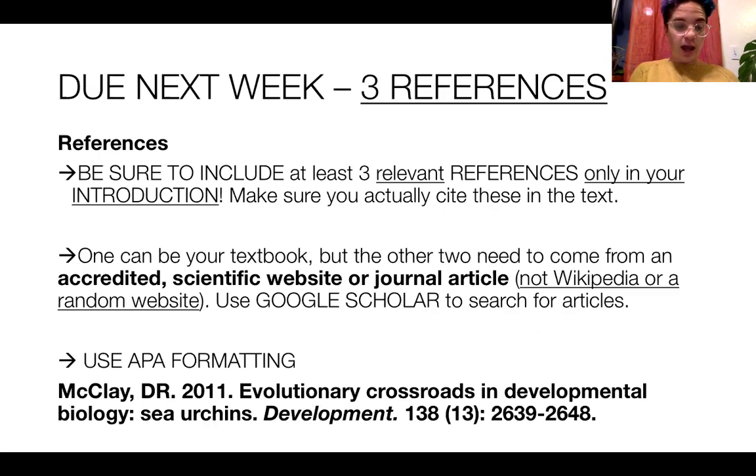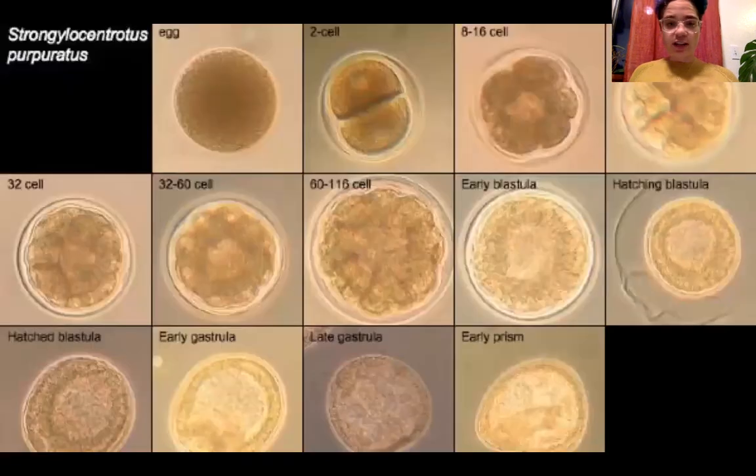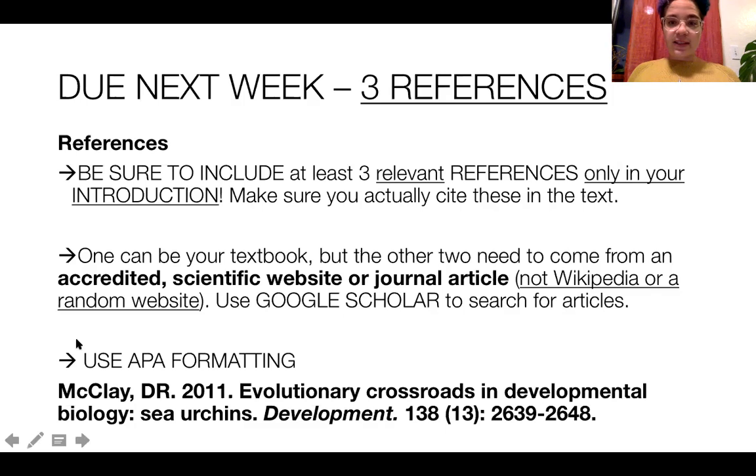You're going to have the last name, and then first initials, the date, the title, the article journal name, and then the volume numbers, etc., and the page numbers. So just check that it's going correctly. And that's it. So hope this isn't too long. I will stop. All right, thank you.